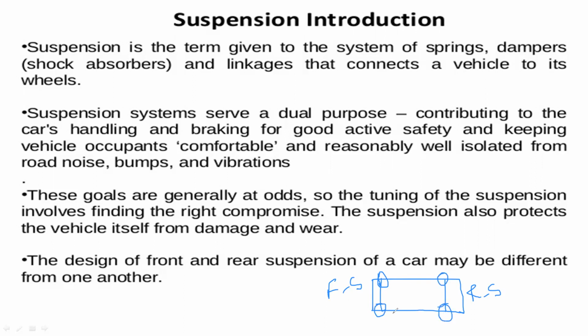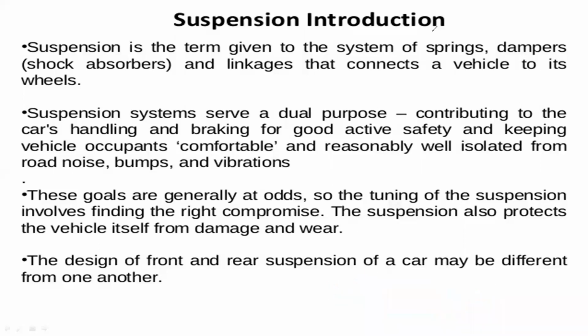The suspension system of the front wheels and the suspension system of the rear wheels may be different. The design of the front side and rear side suspension systems is different because the steering system is placed in the vehicle. The steering system is connected to the front wheels of the automobile vehicle. In that case, we use different designs of suspension system in automobile vehicles.